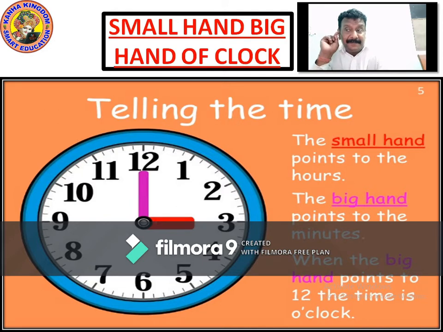The same way, if the small hand is at 3 and the big hand has come to 2, then what is the time? The small one is at the same place and the big hand has come from 12 to 2. What is the time now?